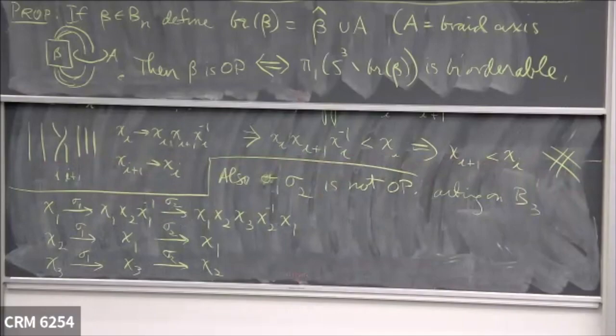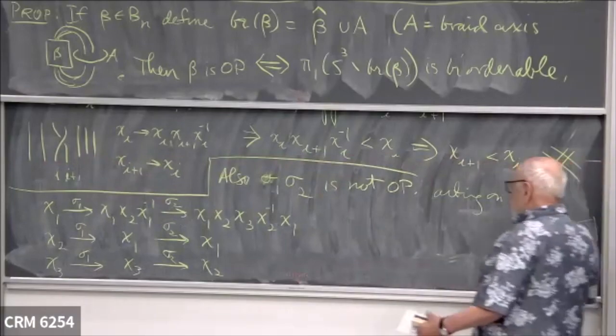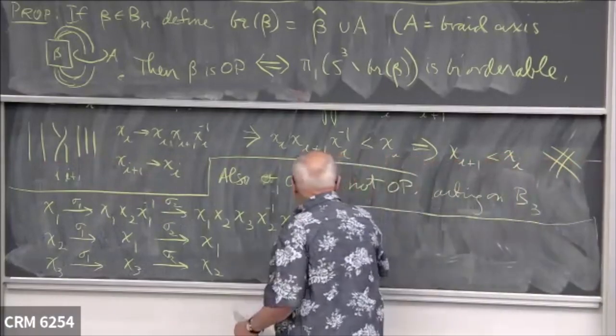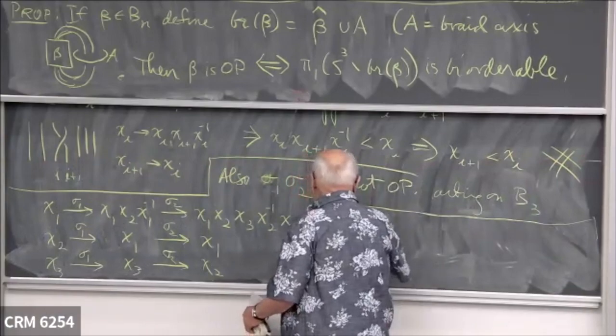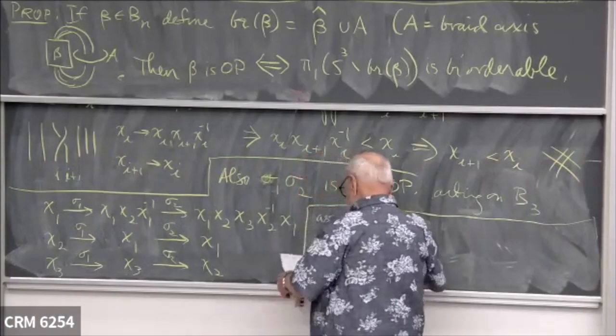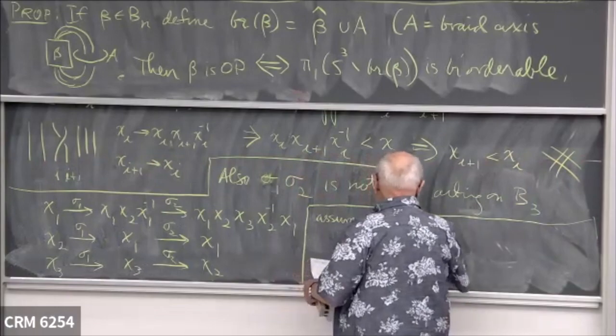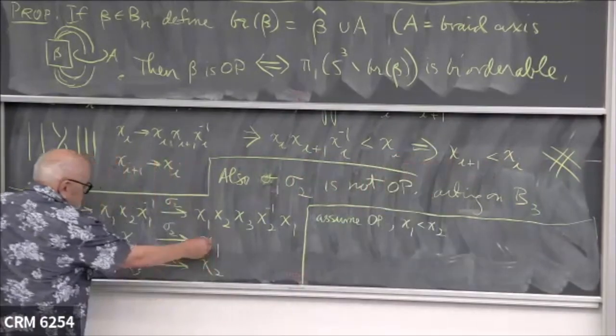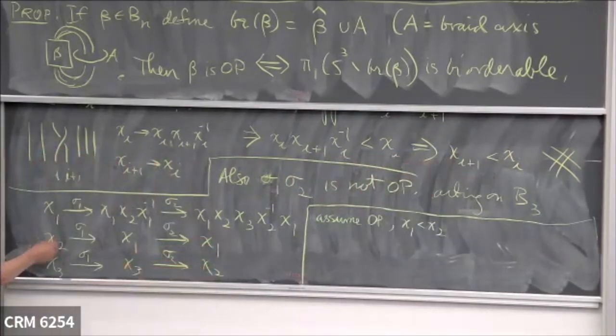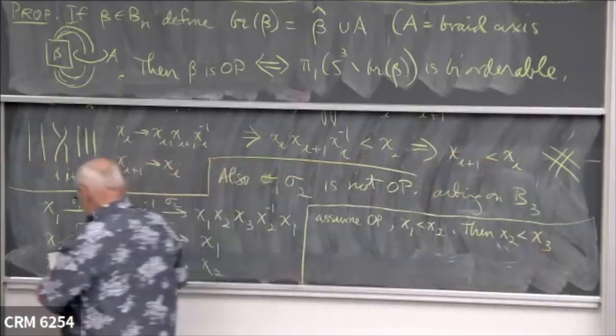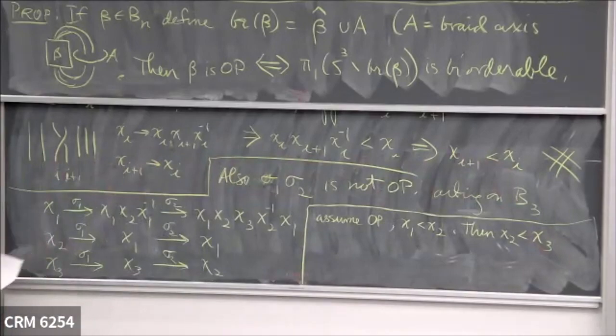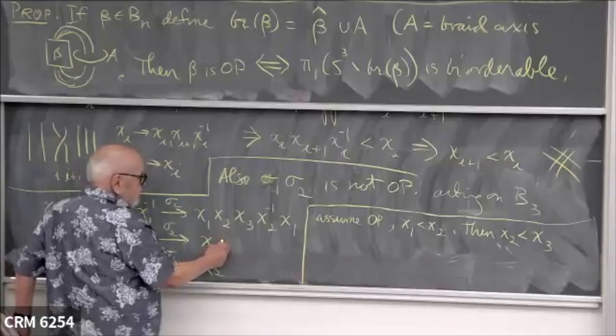Now, assume it's order preserving with X1 less than X2. Well, if X1 is less than X2, then X2 must be less than X3. But also, if X1 is less than X2, this must be less than that.